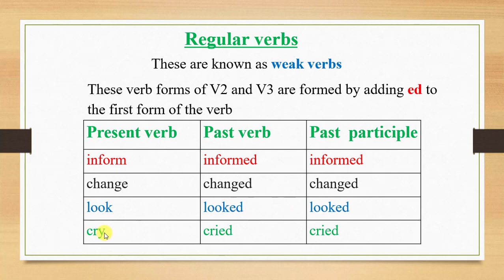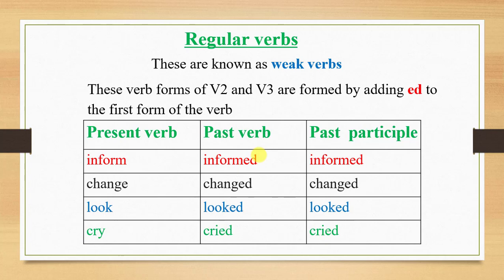Look at the final one: cry, cried, cried. Here the base form cry ends with y after the consonant r. Y is removed, and in the place of y, ied is added to form V2 and V3. Here the right answer is cry, cried, cried.